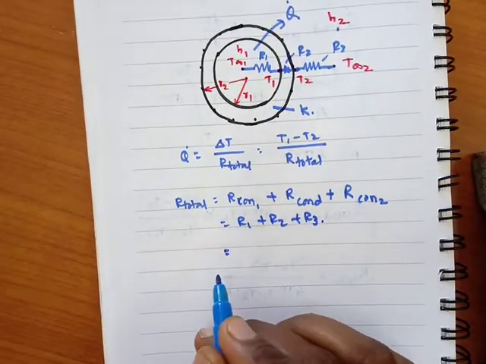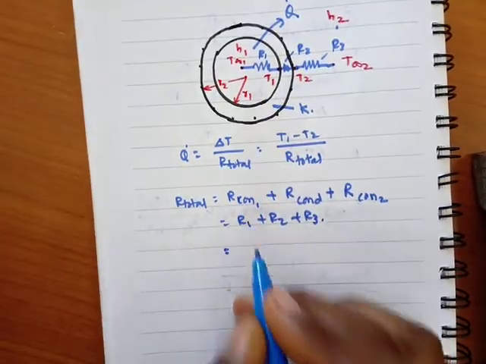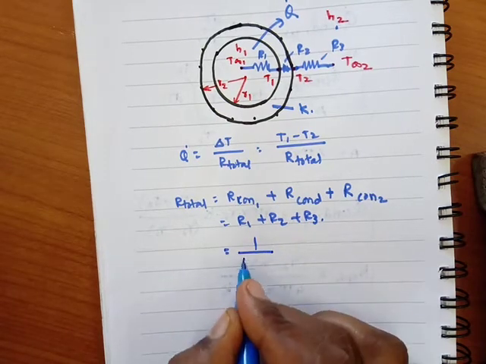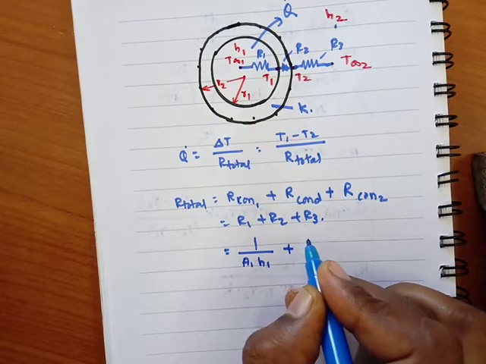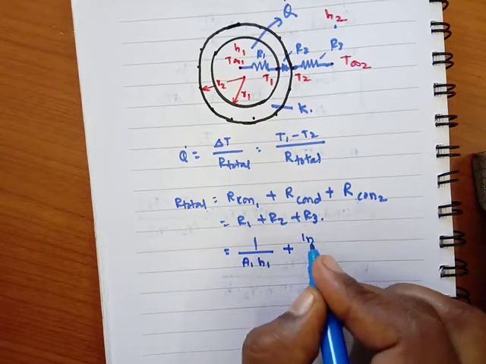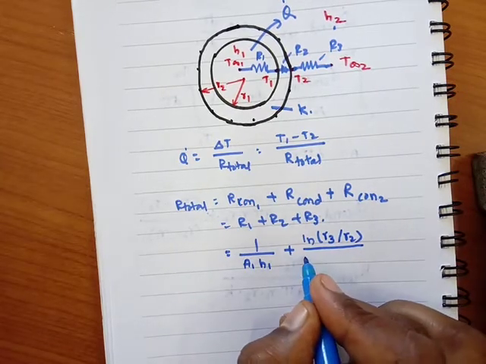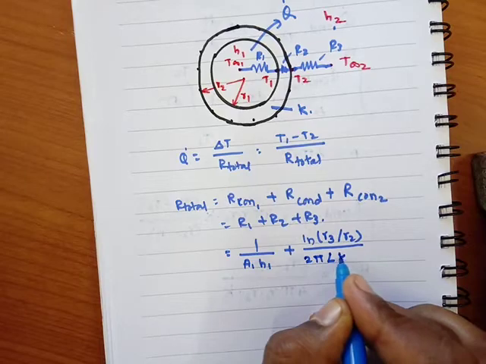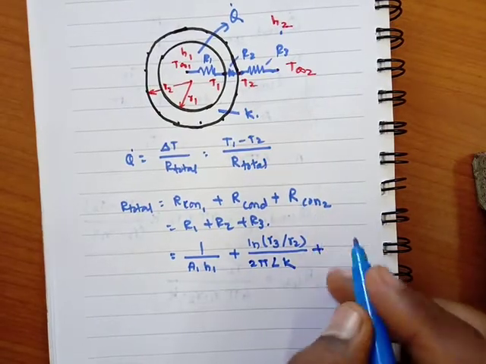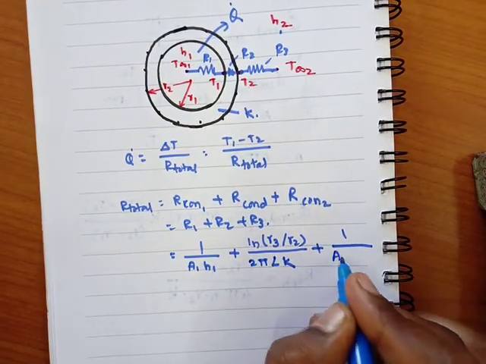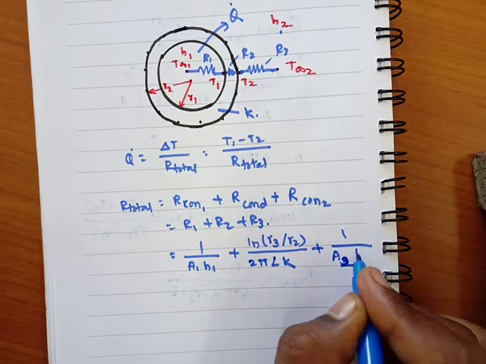Okay, so here we will find out, if there is heat transfer by the convection, we have the formula 1 upon A1 H1, plus, heat transfer by conduction, we will consider ln R2 by R1 divided by 2 pi L into K, plus outside thermal resistance by the convection, this is 1 upon A2 H2.